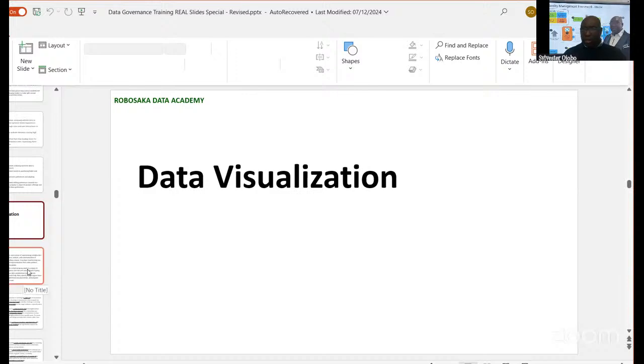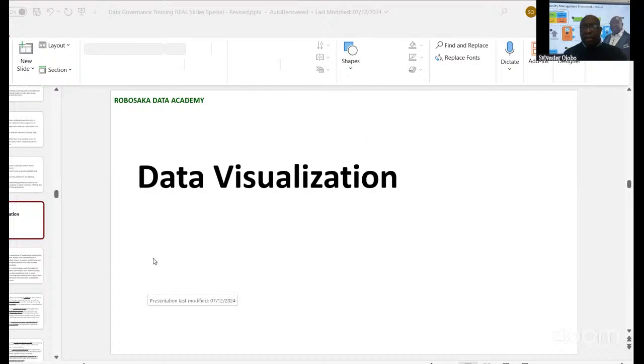Data visualization. In most cases, you visualize after you have carried out analysis. If you can see what I'm sharing, that's very good.